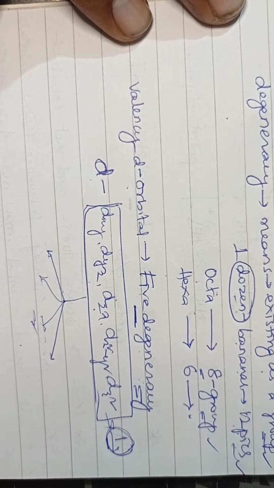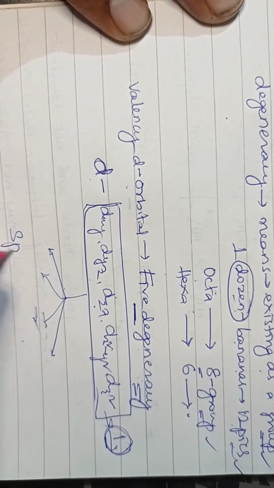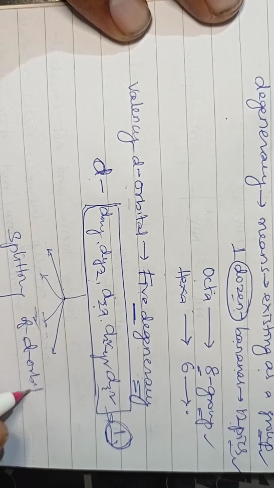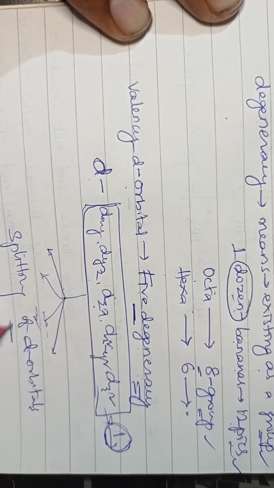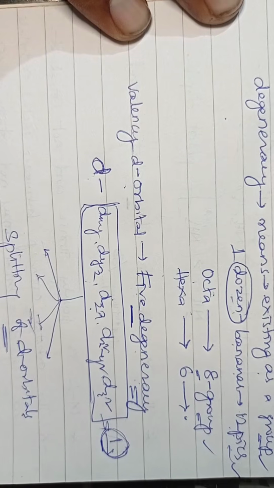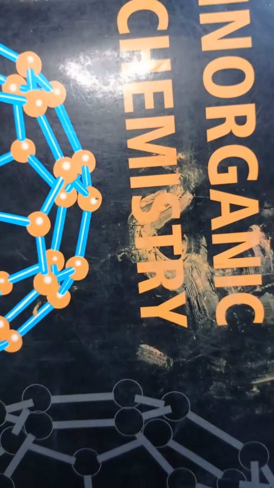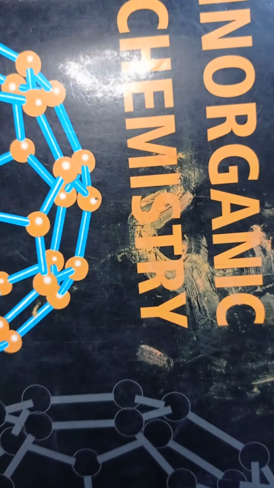This particular splitting of d orbitals depends upon two factors.